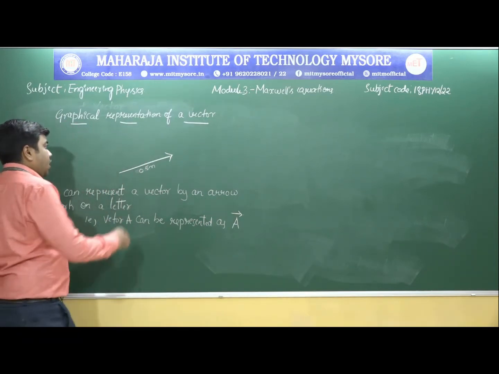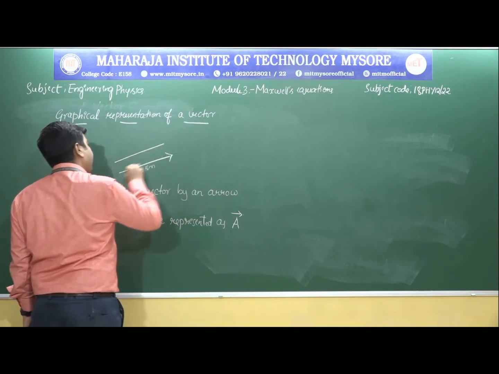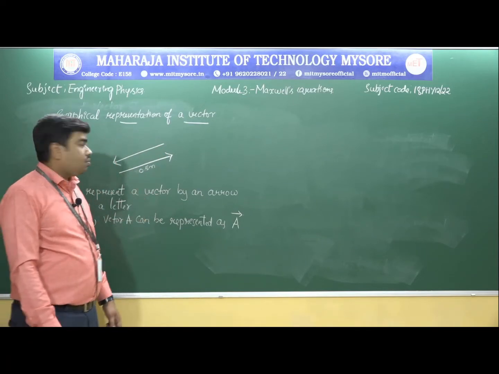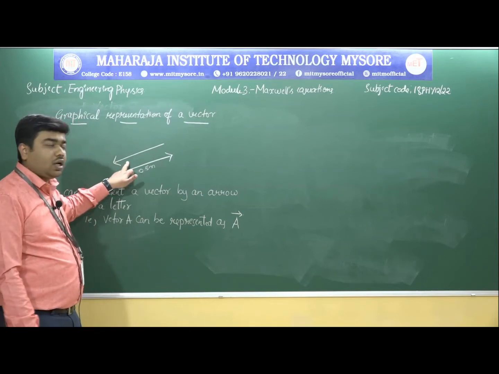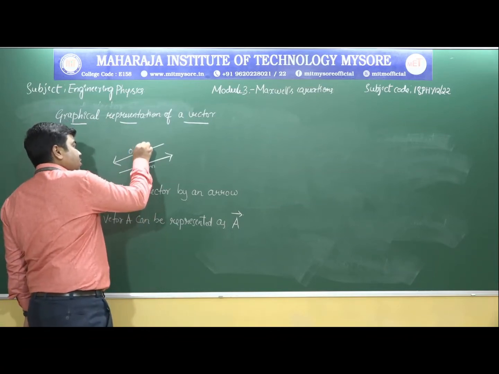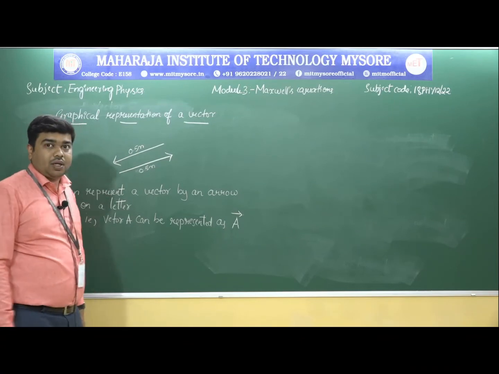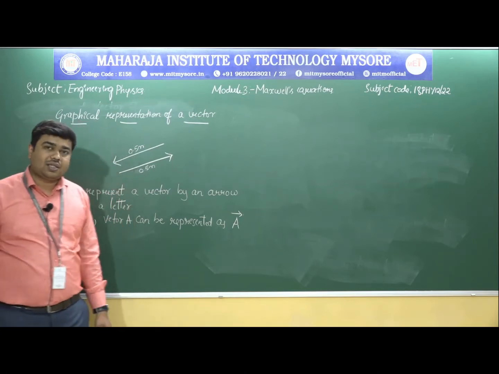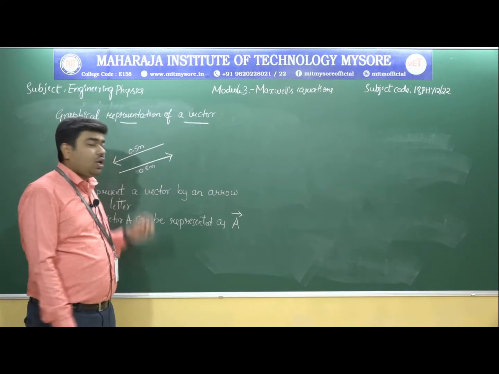Now, let us say there is another vector of the same length but with an opposite arrow mark. It also has a length of, for example, 0.5 meter, but here the arrow mark is different. The change in the arrow mark does not indicate the vector has a negative value. The change in the arrow mark indicates the vector is in the opposite direction to the initial vector.